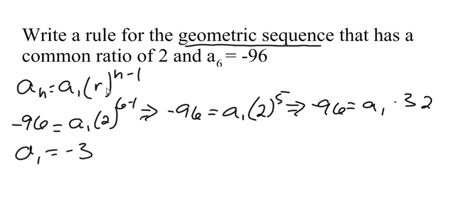We know what our common ratio is, we know what our a sub 1 value is, so now we can write the rule for this geometric sequence, which would be a sub n is equal to negative 3 times our common ratio 2 to the n minus 1 power.